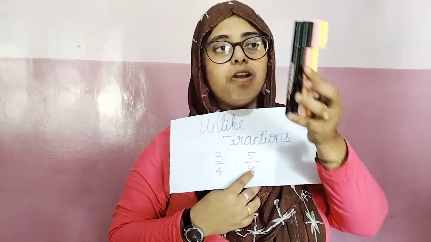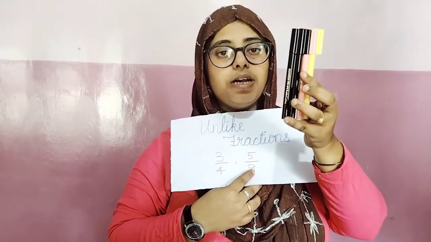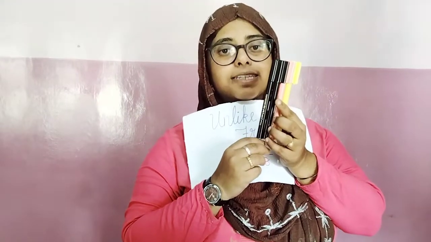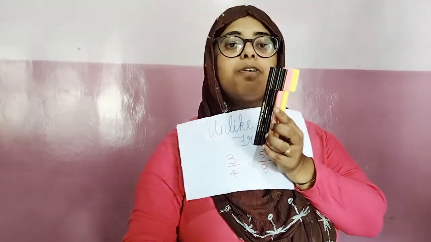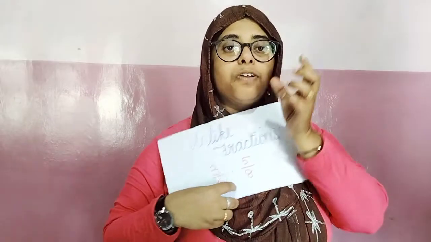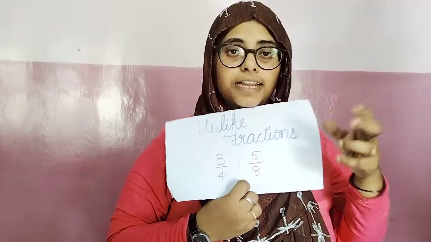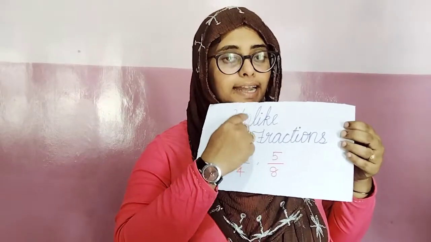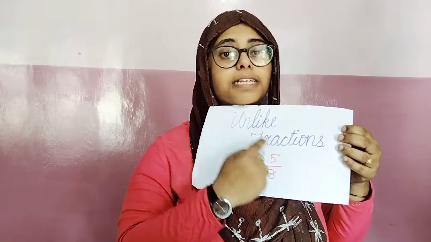We have totally 4 long sketches and how many black sketches are there? 2. So 2 by 4 and 4 by 7. Here the denominators are different. If the denominators are different, they are called unlike fractions.